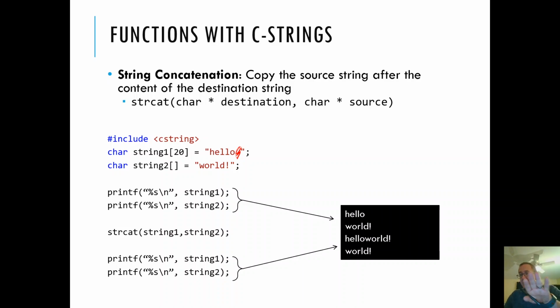It is just one string immediately after the other. That's what concatenation does. The next line is the second string, which has not been modified at all. The second string was copied onto the first one, but it didn't get changed, so the word world is still there. So concatenation allows me to stick two strings together. I have a source and a destination, and the source goes at the back of the destination.